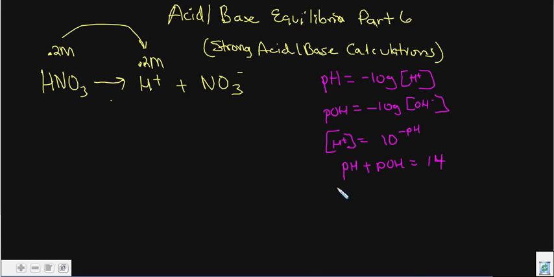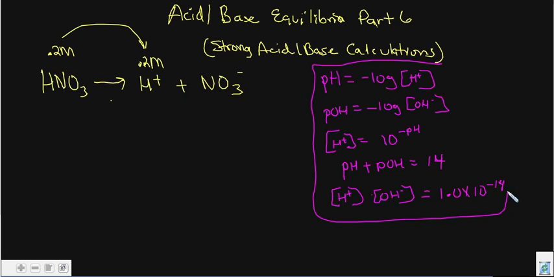And also, like in the last video, the concentration of the hydroxide ions times the concentration of the hydrogen ions always equals 1.0 times 10 to the negative 14th. So that makes it simple to solve for concentrations that way, or you could take the antilog. So as far as pH calculations go, this gives you everything that you'll ever need.